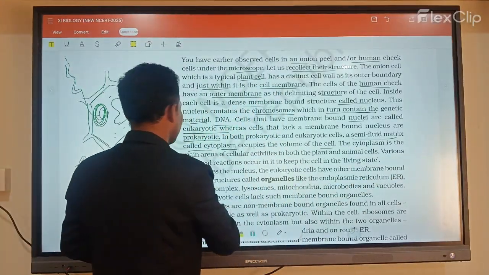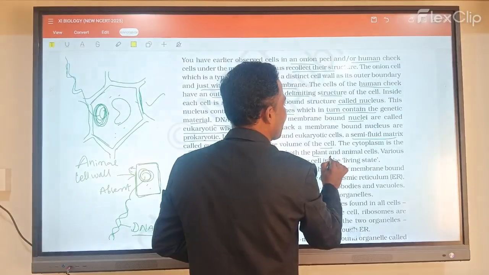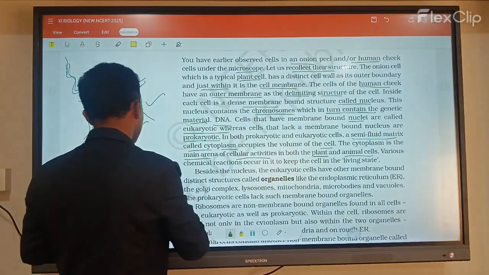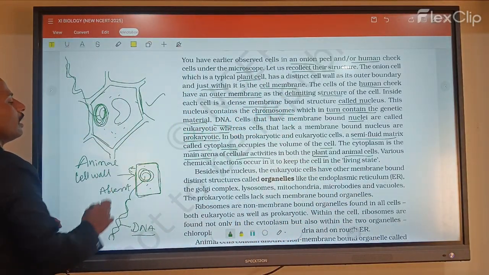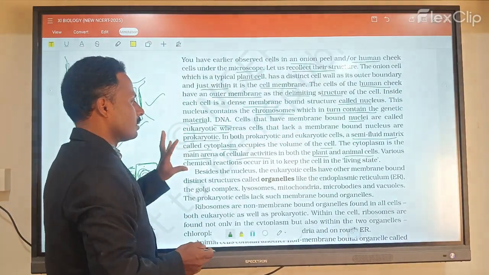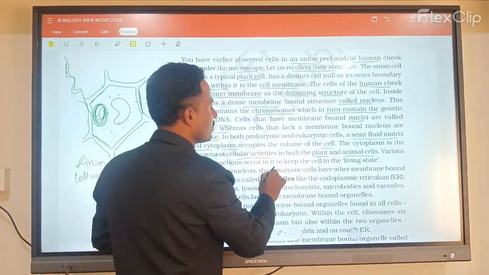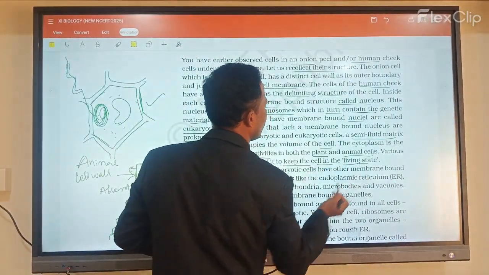The cytoplasm is the arena of cellular activities in both plants and animals. Various chemical reactions occur in the cytoplasm to keep the cell in the living state.